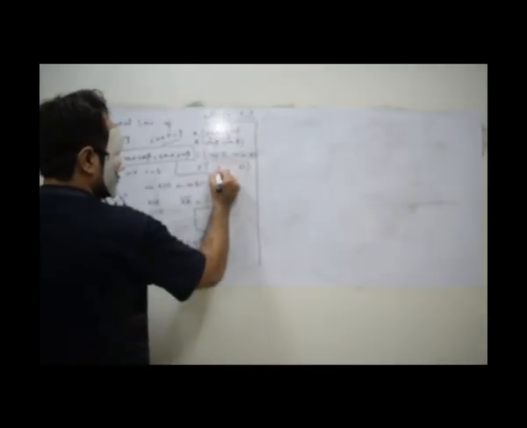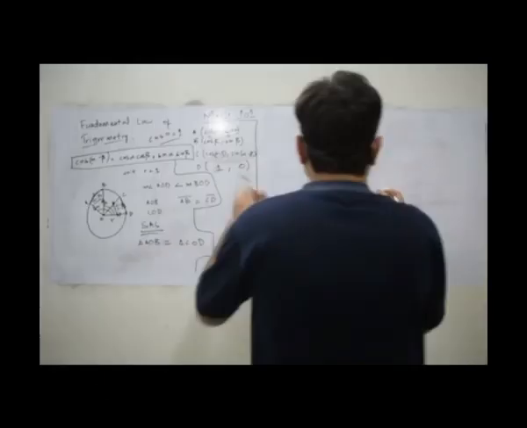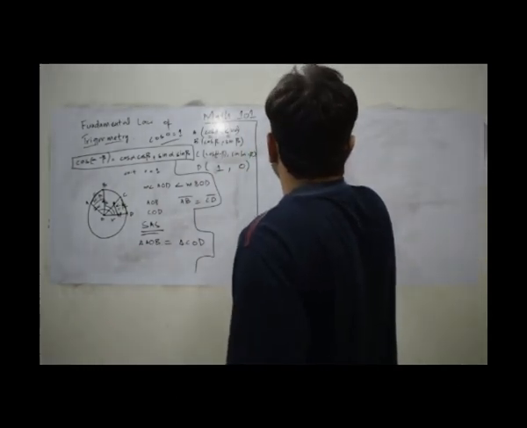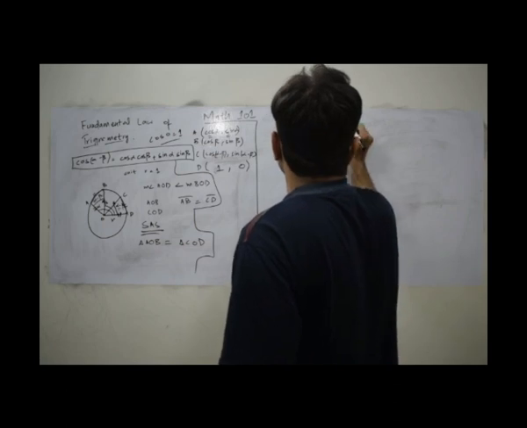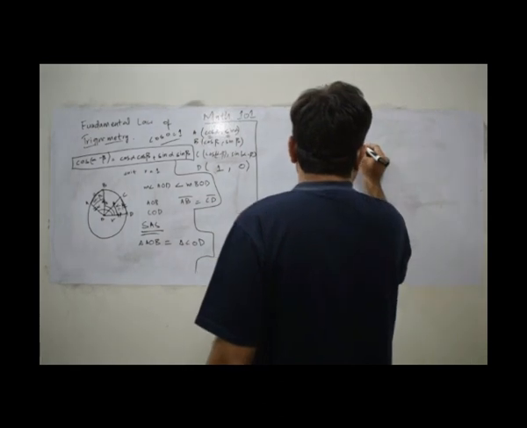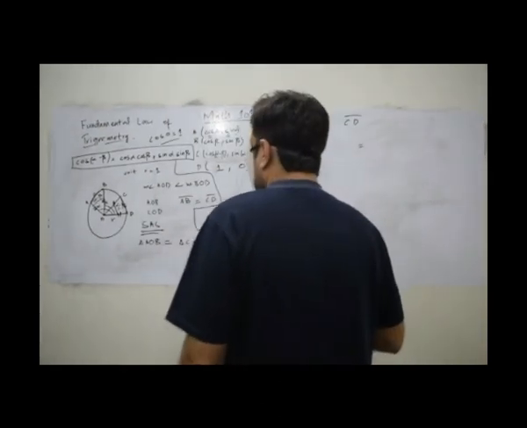So AB is equal to CD. We will solve the equation on both sides together.